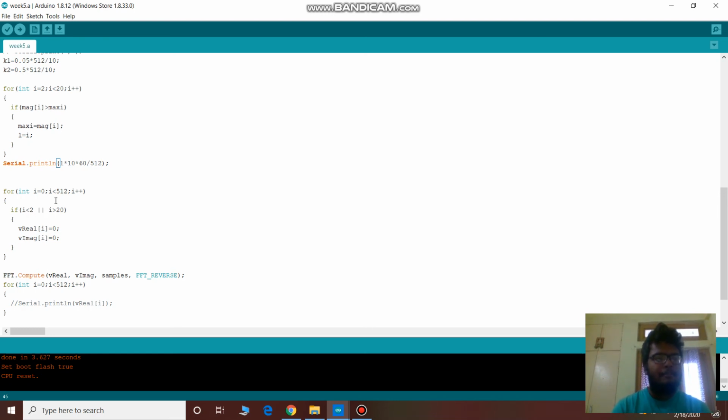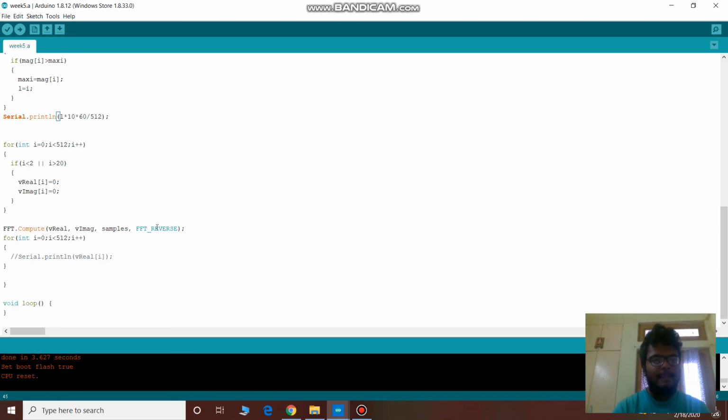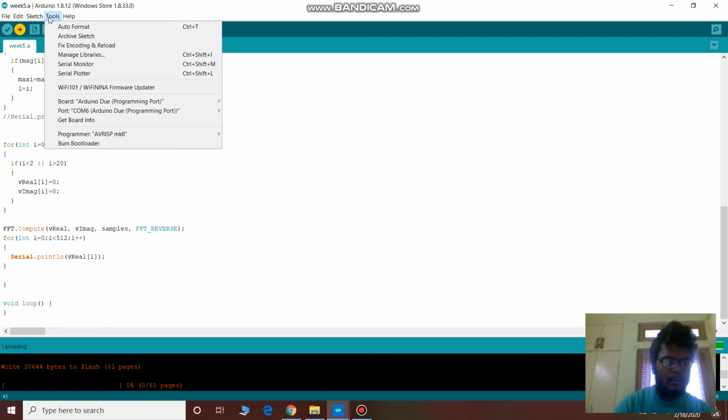So now we are left with only that particular window. For that we will calculate the FFT reverse, and then plot the respiration signal, that is Serial.print of VReal of i. This gives us only the separated respiration signal. So I'm uploading it.